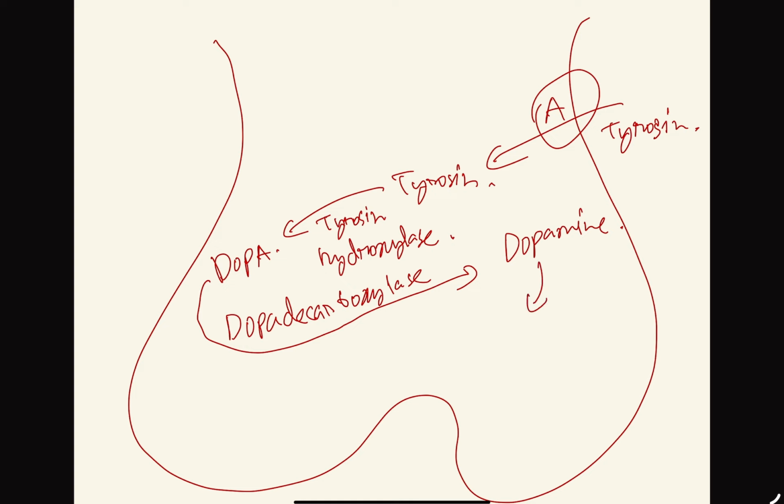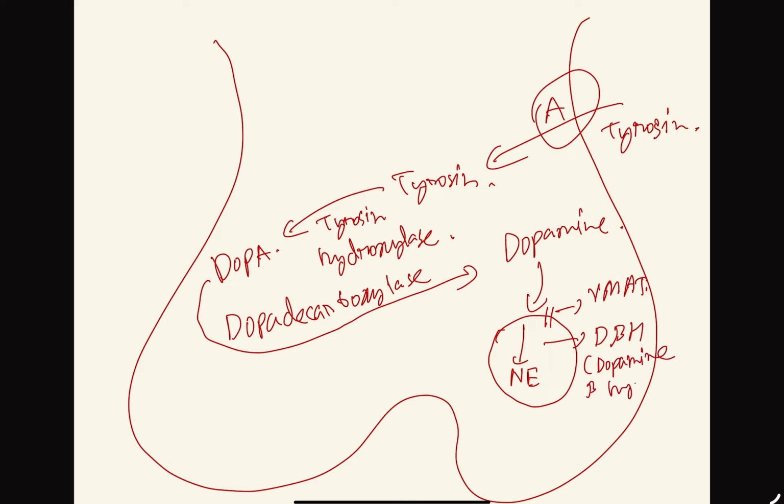Then dopamine enters the vesicle by the vesicular monoamine transporter, and this dopamine is converted into norepinephrine inside the vesicle by an enzyme called dopamine beta hydroxylase. So I can write it here, dopamine beta hydroxylase.